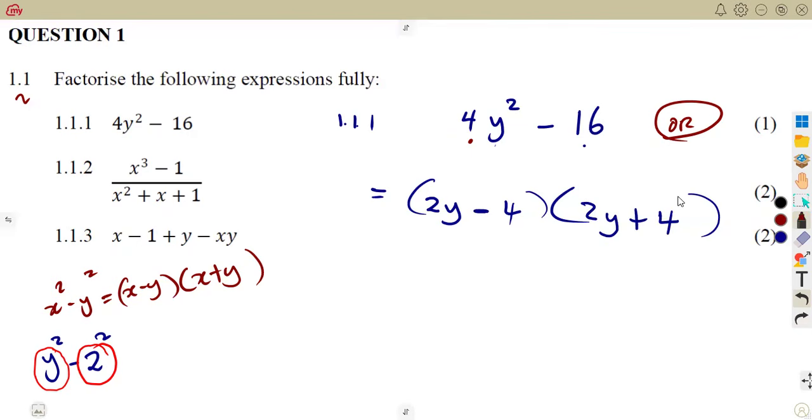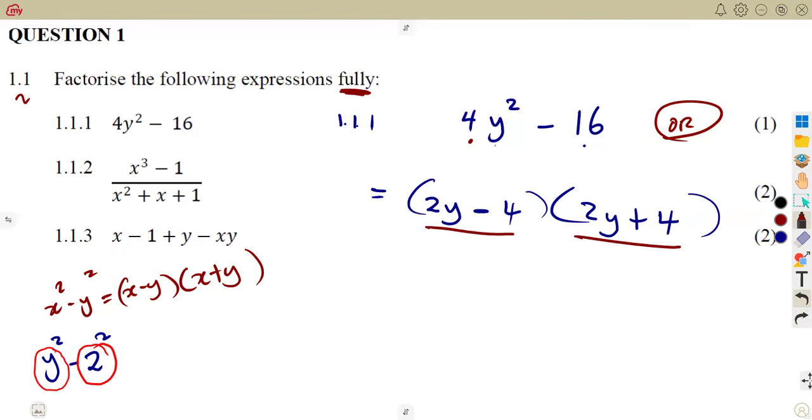But remember, they are saying factorize the following expressions, this expression that you're given, fully, meaning to the last extent, completely. You're supposed to factorize completely. Is this fully factorized? No. Because in these 2 brackets, we can see that in this bracket, 2 is common.